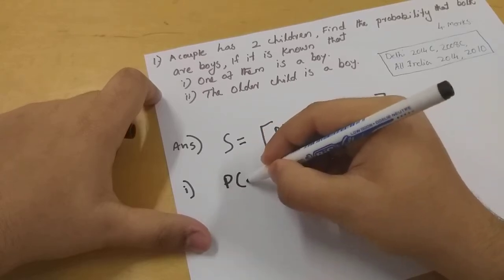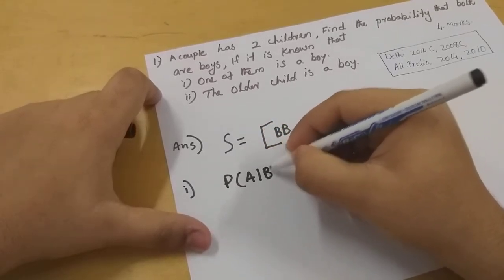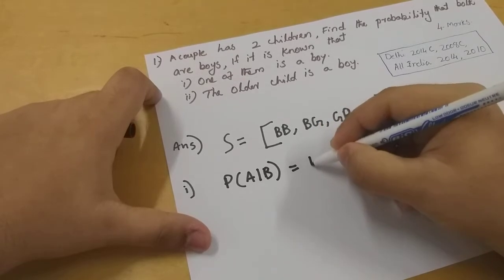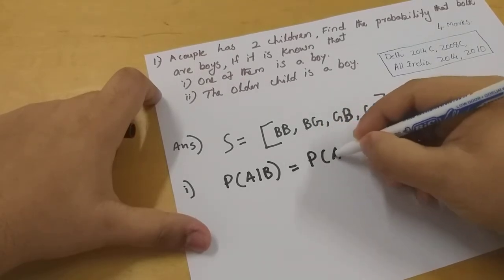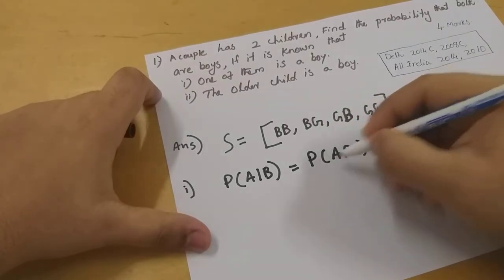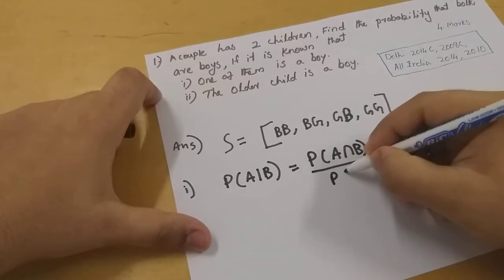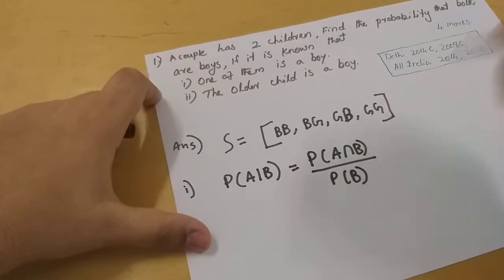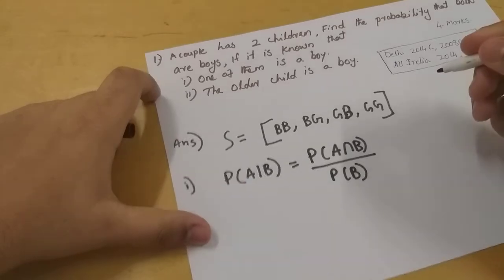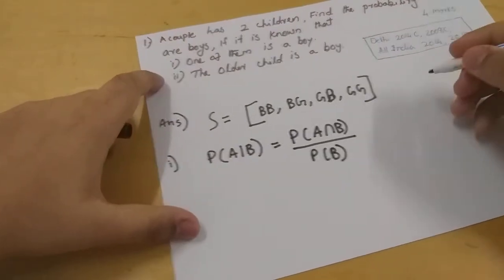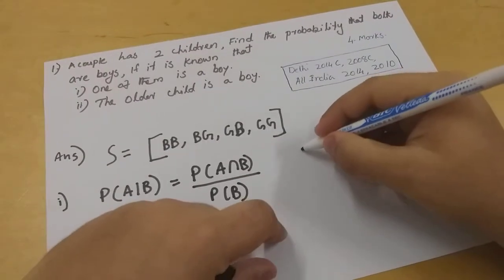So the formula is P of A given B is equal to P of A intersection B divided by P of B. So let's look at what our A and B are.